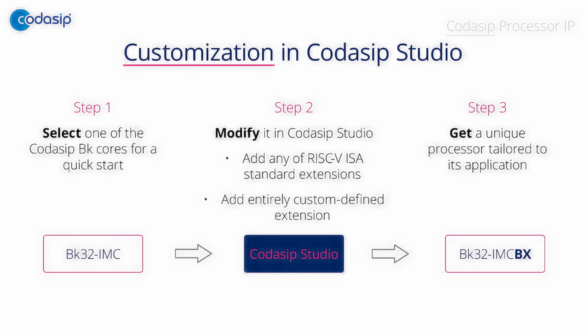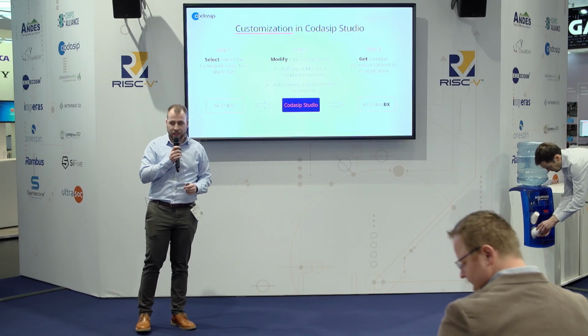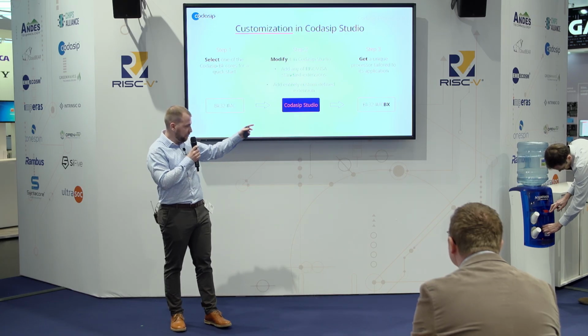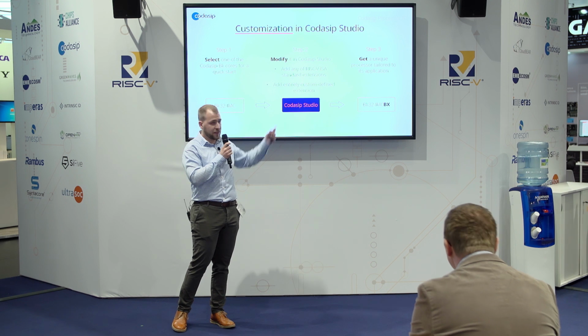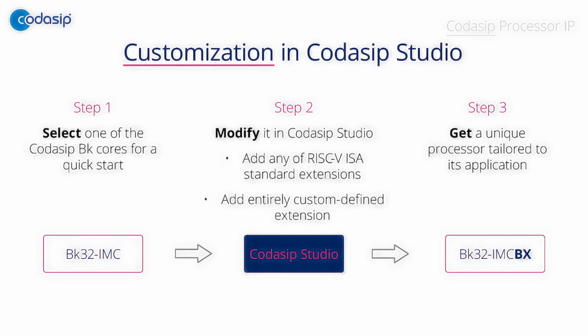Then they, for example, add their own custom extension to the instruction set, supply the modified CODAL model to the Codasip Studio, and they receive the modified processor. This is mentioned in the slide by the X in the configuration. They receive the SDK, which is aware of the custom extension, and also the HDK, which in the RTL reflects the extension that the customer has done to it.